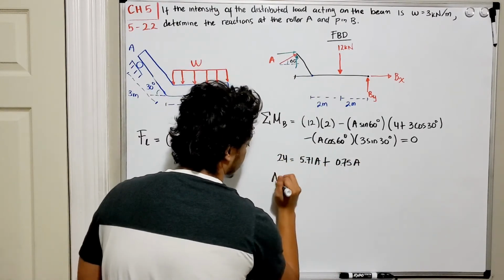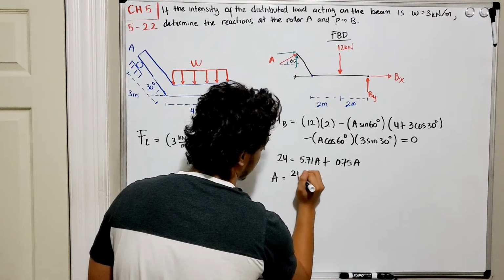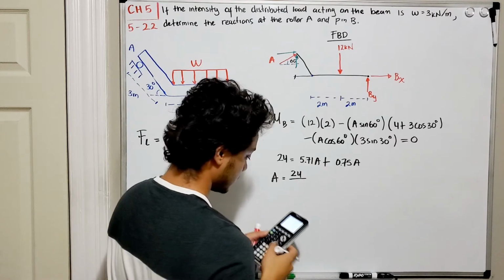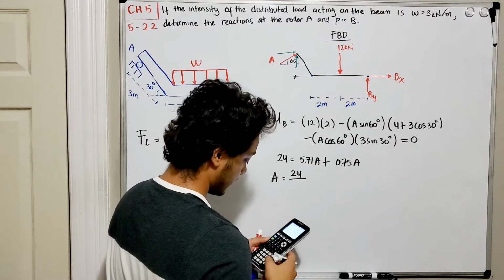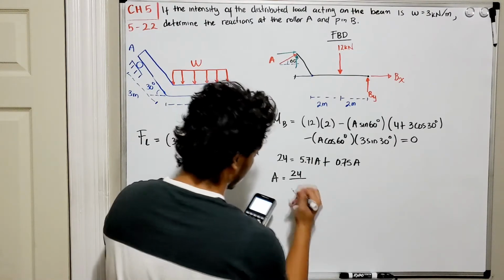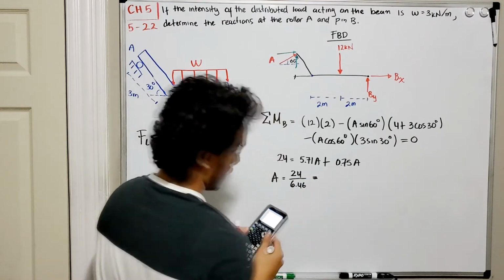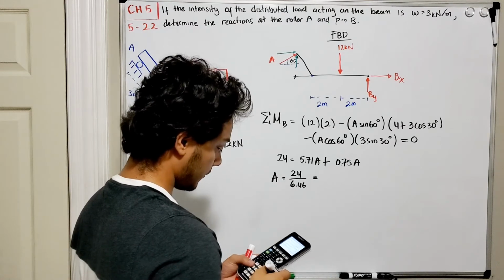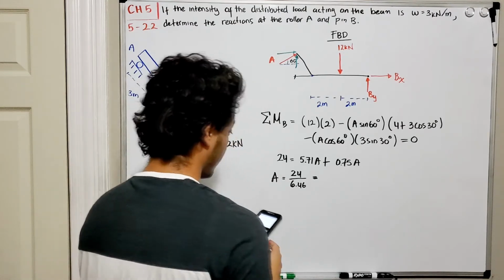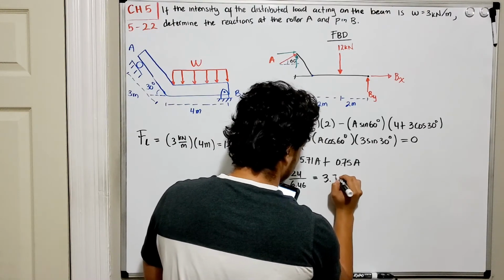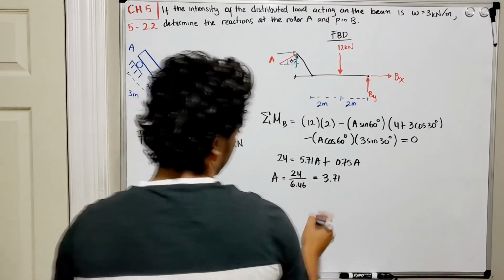Now, if we solve for A, it is going to be equal to 24 divided by the summation of these two numbers. So if we add 5.7 plus 0.75, that gives me 6.46. Okay, now all we have to do is divide 24 by 6.46, and it's a total of 3.71 kilonewtons.